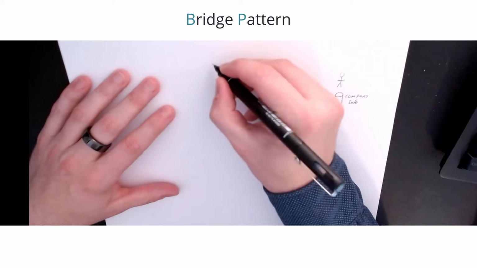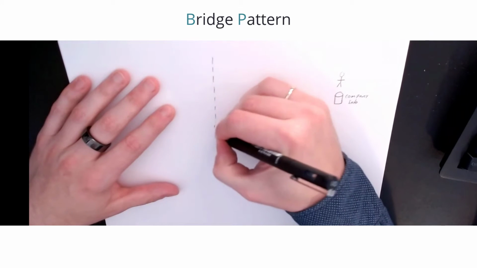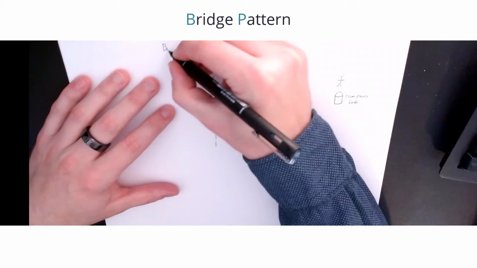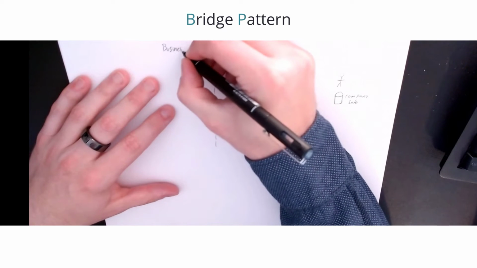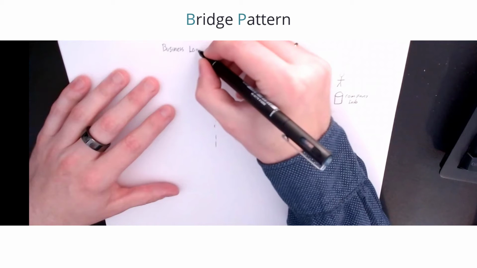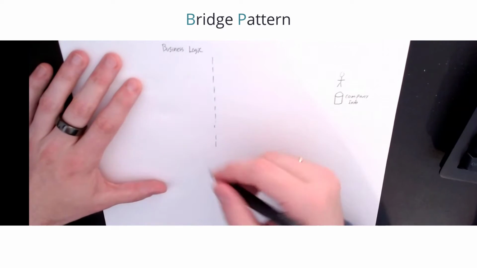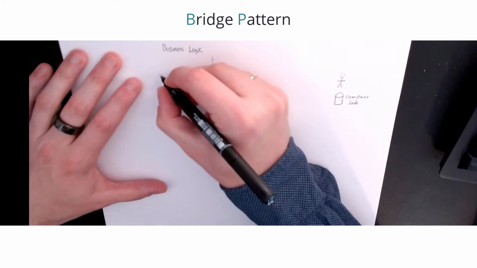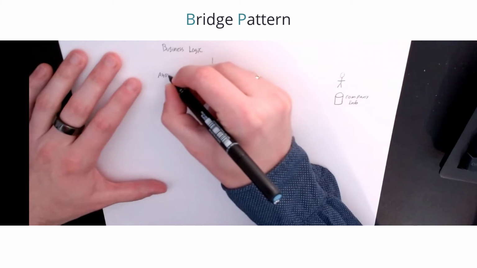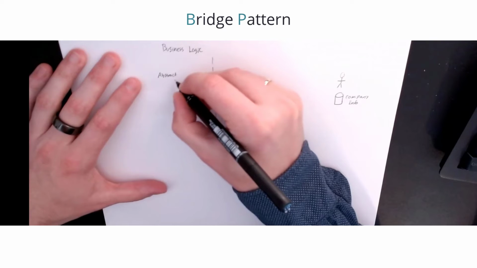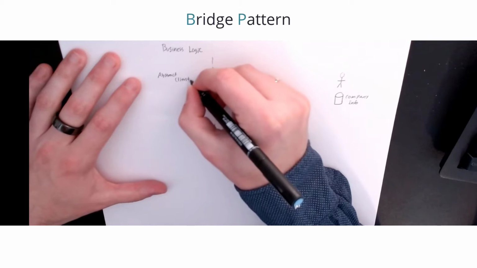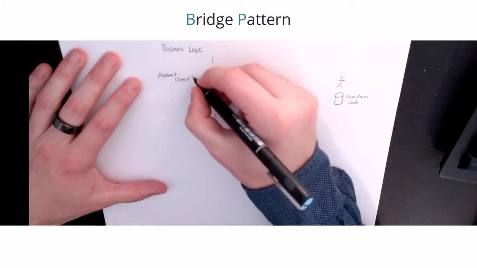So we have kind of two parts of our system. We have our business logic, and we want the business logic to be protected. So we can define an abstract client for pulling company information.